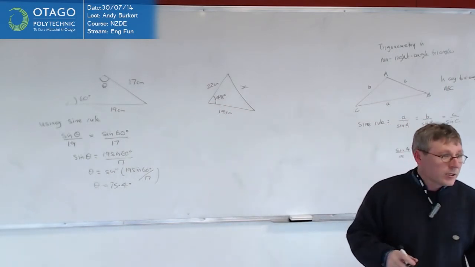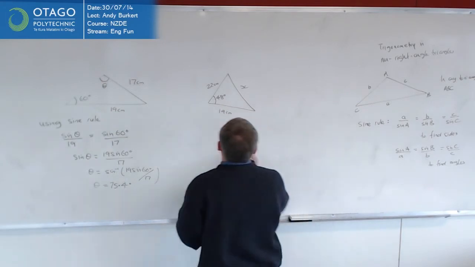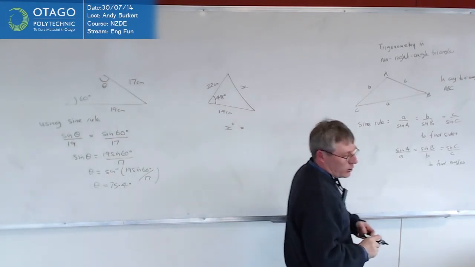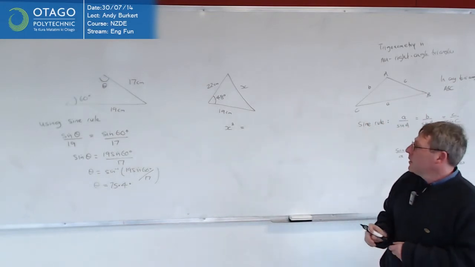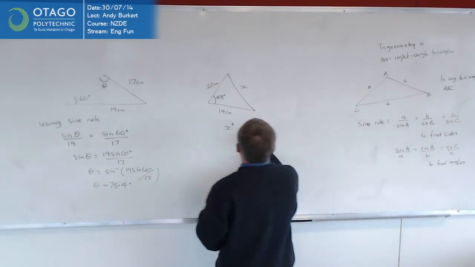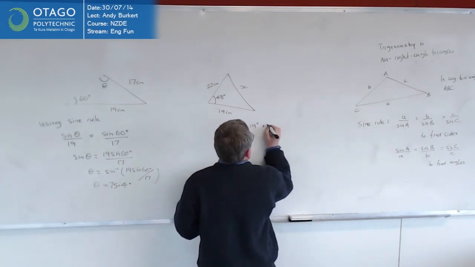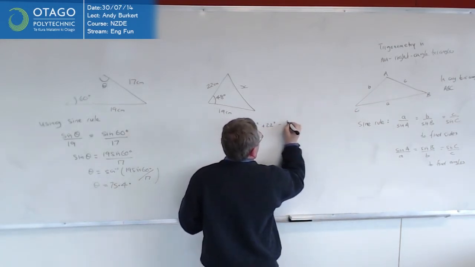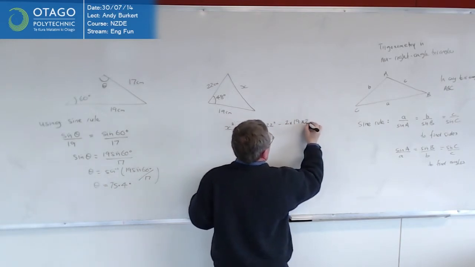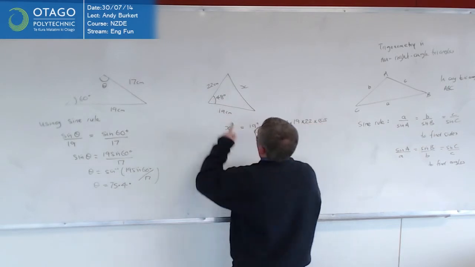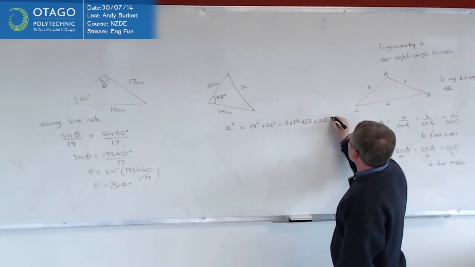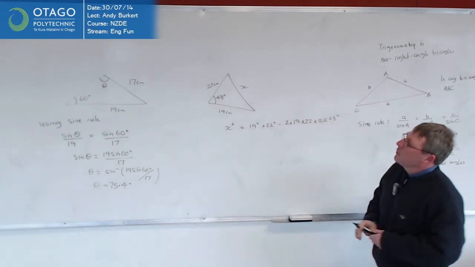So we always start with what we want. So we want x, but remember in the cosine rule, everything's squared. So we're going to write x squared equals the other two sides squared, so it'll be 19 squared plus 22 squared minus 2 times the two sides we know times the cosine of the angle opposite the side we want to find, which is 48 degrees.